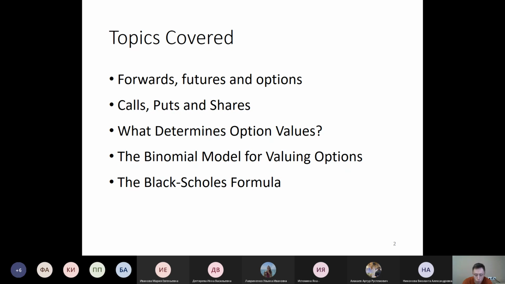The 2 main methods for option valuation are the binomial pricing model and the Black-Scholes formula. They are related: Black-Scholes is the ultimate version of the binomial pricing model. Those are the plan for this course.